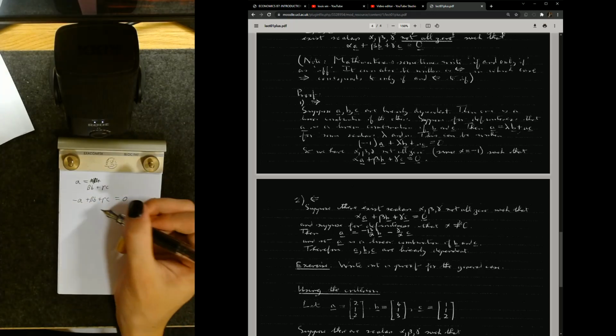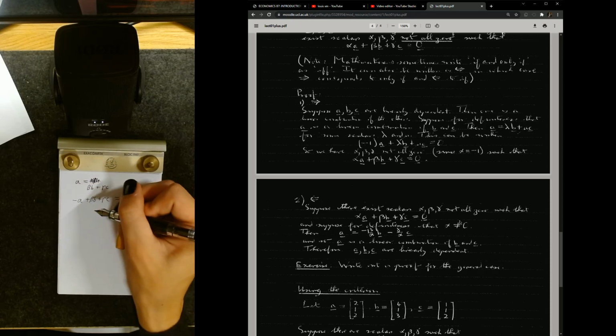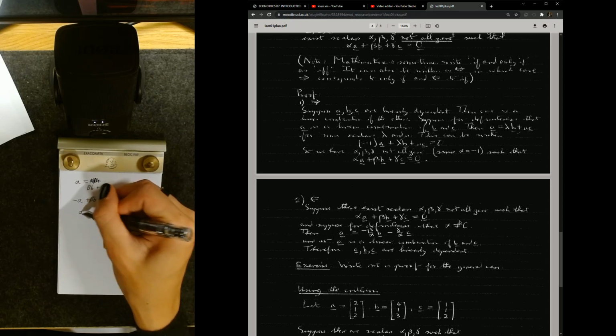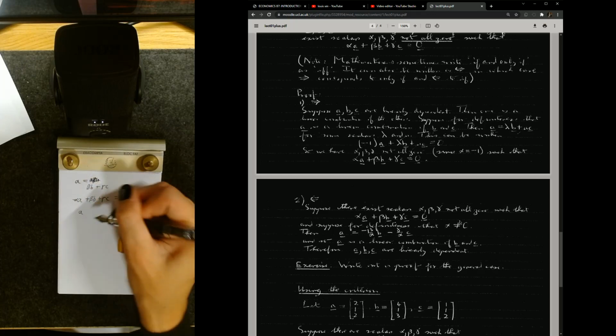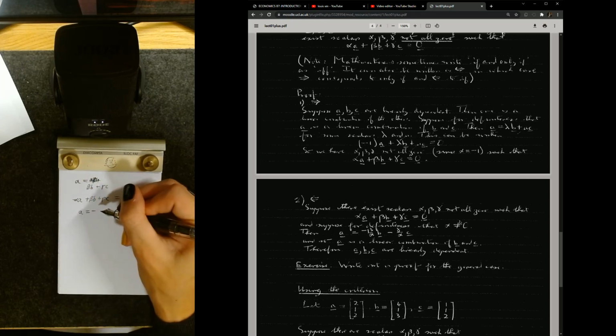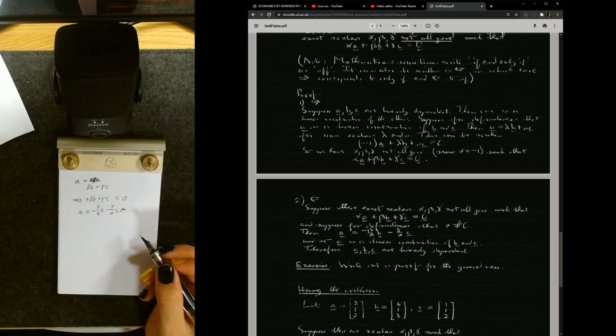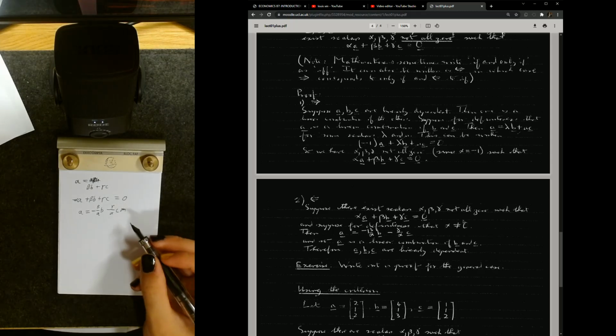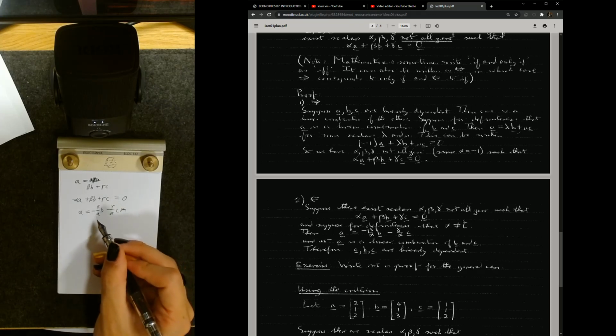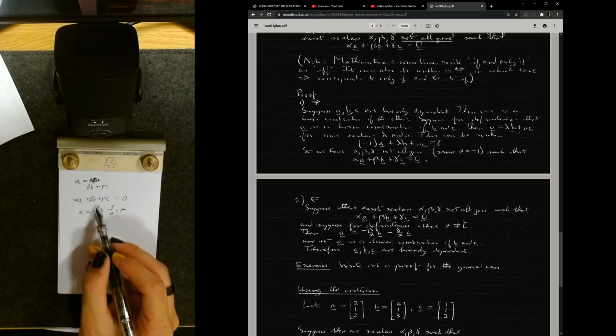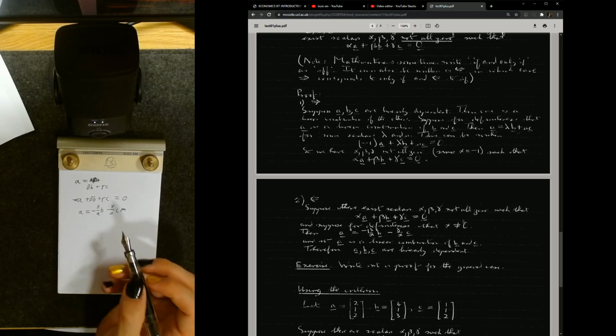Then the A vector, multiplied by alpha, is going to be equal to negative beta over alpha times B, negative gamma over alpha times C. So therefore A is a linear combination of B and C. So we've basically gone roundabout and done it again. If this is true, then it follows that this is true. It's a really roundabout way of doing it.